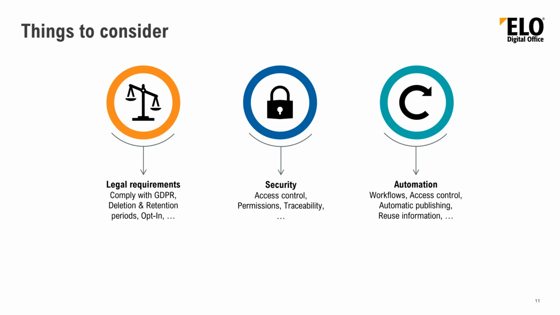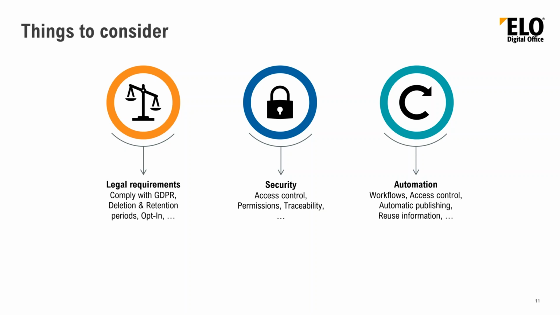When I have made a request and we have created a job offer, then it should be published automatically with the date, and then it's not published anymore. Or we should be able to reuse information, because why should we always write our job offer anew when we have had it in the past?